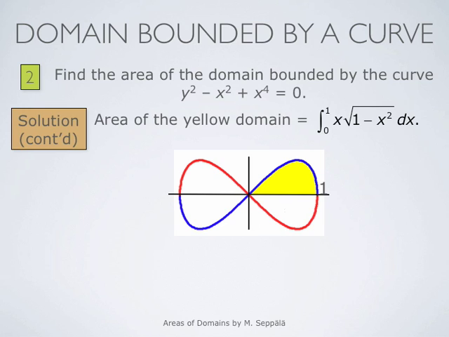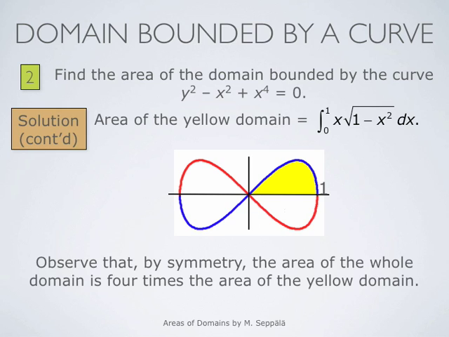The area of this yellow domain is the integral from 0 to 1 x times square root 1 minus x squared dx. And we observe by symmetry that the area of the whole domain is 4 times the area of this yellow domain.